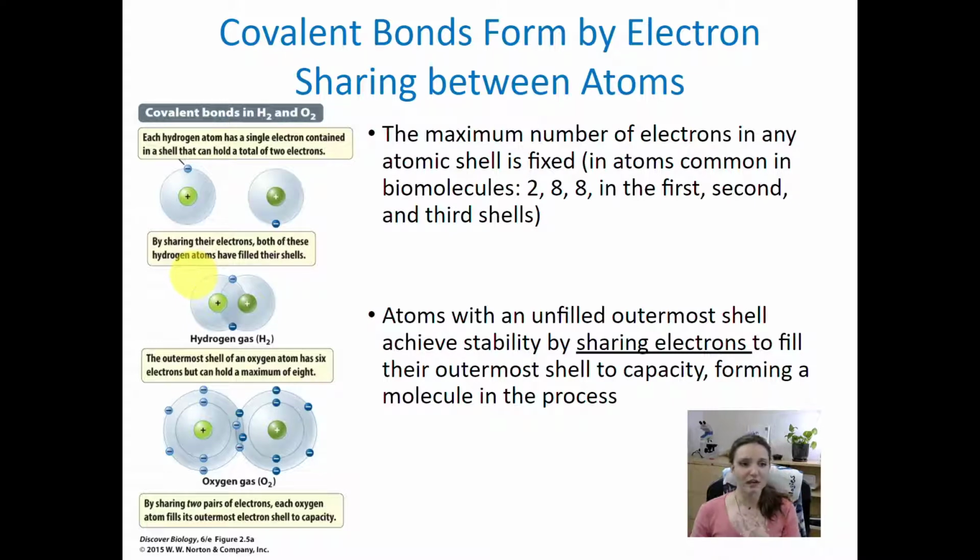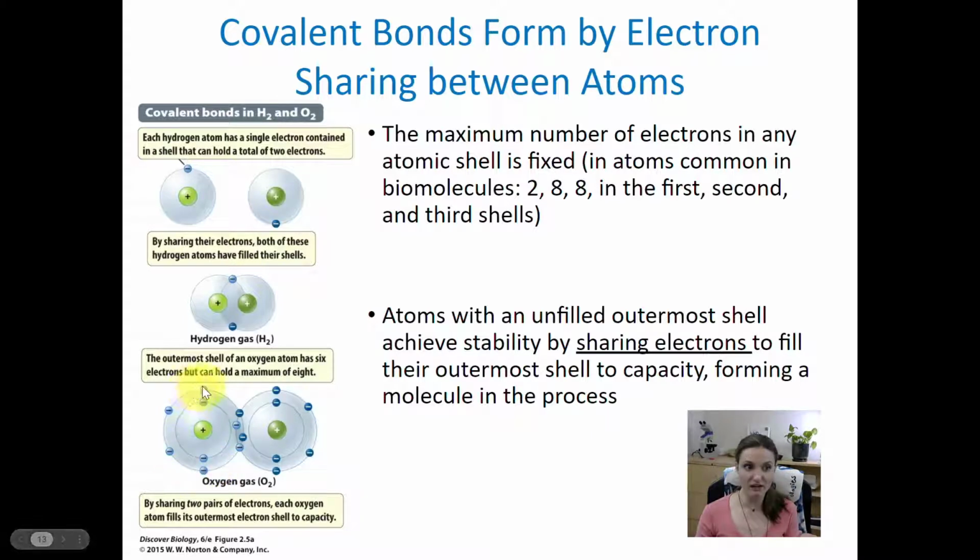Okay, so if we look at oxygen, here's an oxygen atom bonded to another oxygen atom. Oxygen has a total of 8 electrons. The first 2 electrons are going to go here in this innermost shell, and then the next 6 will fill out the outermost shell. This second shell can hold up to 8.